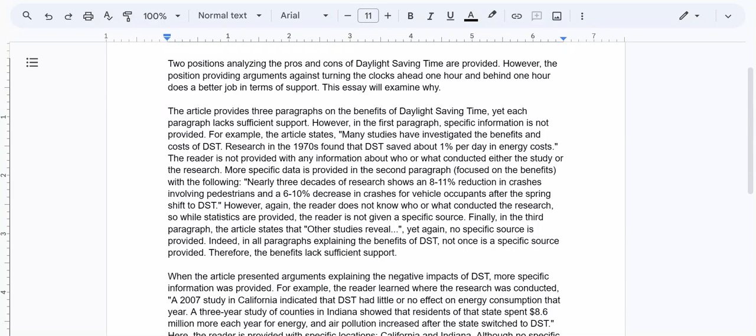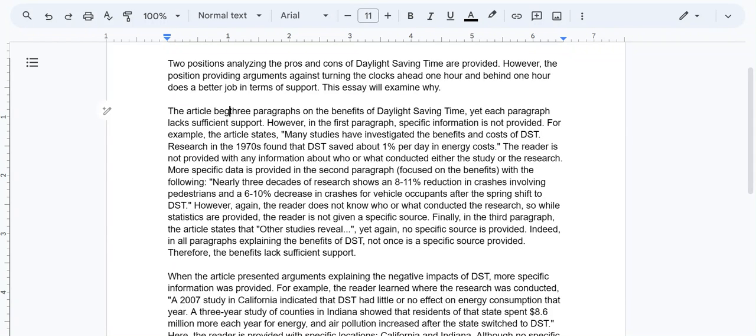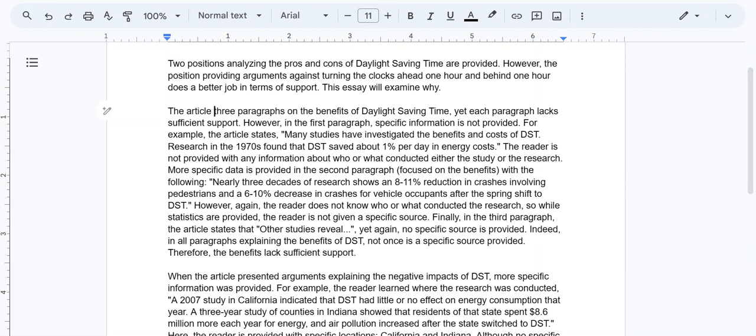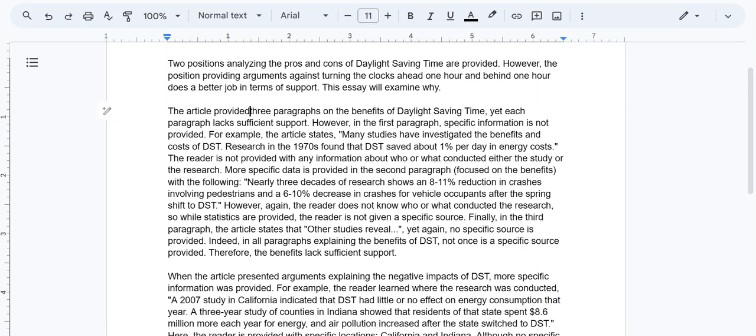The article provides, and I think I'll say the article begins with three paragraphs on, nope, because it doesn't begin with that. It begins with the history. I think I'm going to change this.